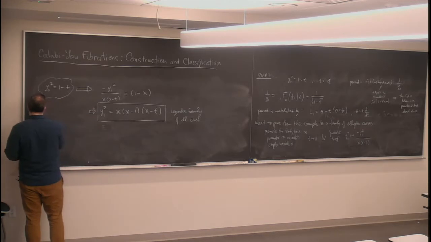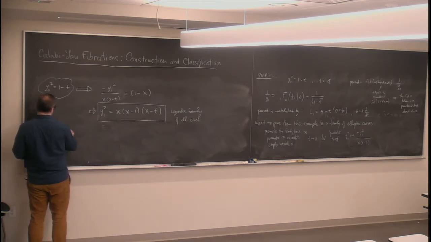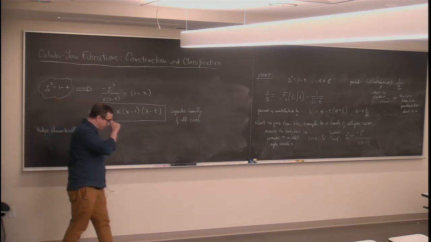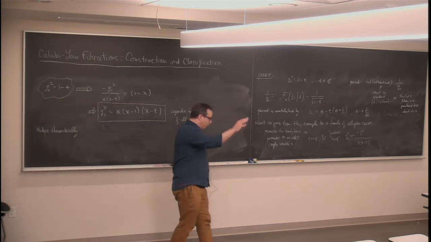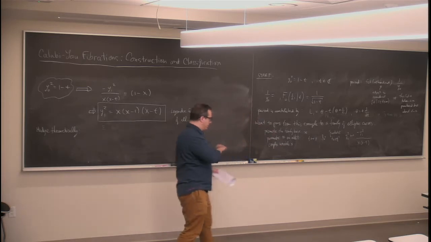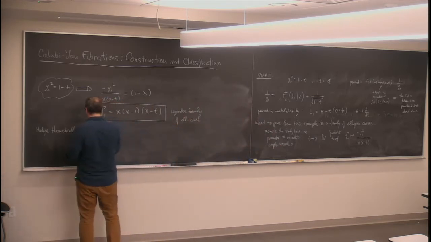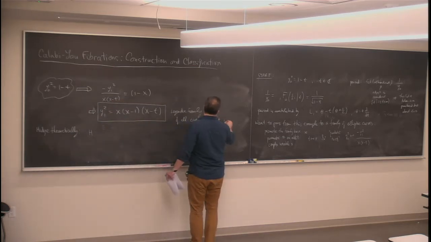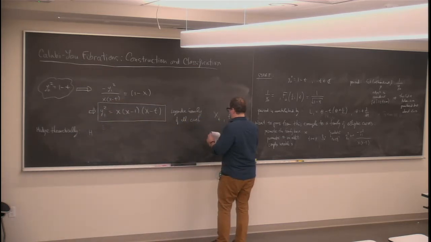So what's happening Hodge theoretically, in that sort of hierarchy we were talking about: geometry, Hodge theory, differential equations. So Hodge theoretically, I've got to give this a name. I'll call these X_t, for t in P1 minus 3 points, P1 minus 0, 1, infinity.